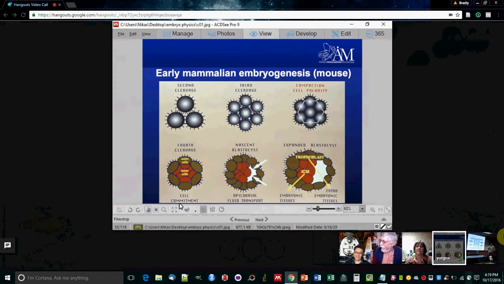After compaction, mitosis continues and the cell number increases, and through apicobasal fluid transport, fluid accumulates inside the morula and pushes the inner cells to one side. They will form the inner cell mass, which will form the embryo itself, and outside remain the outer cells, the trophoblast, which will generate the extra-embryonic tissues.